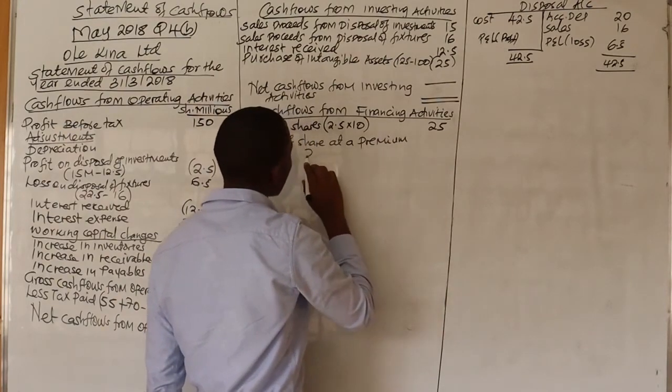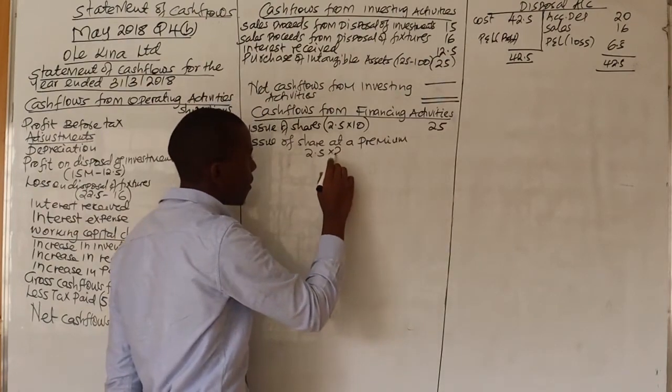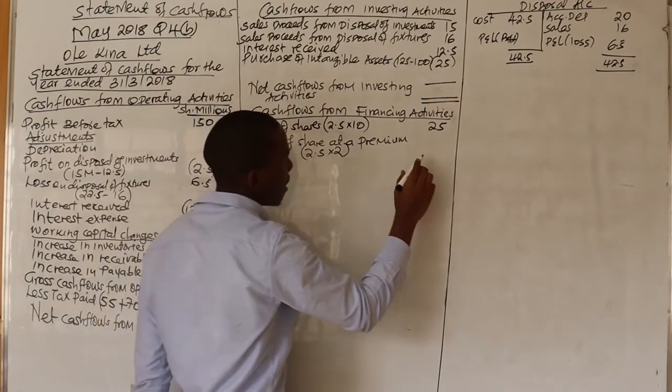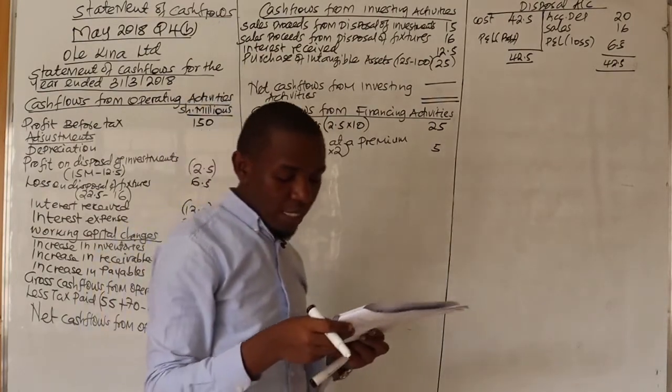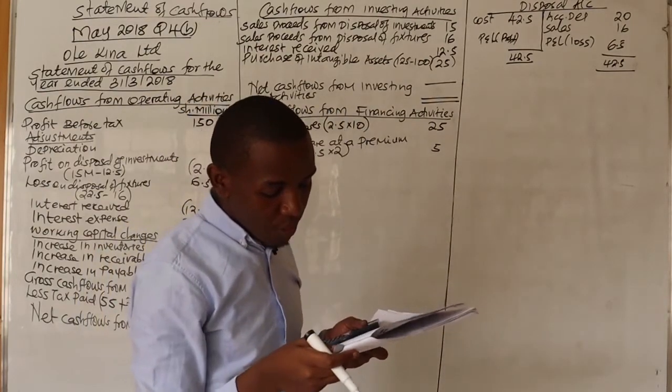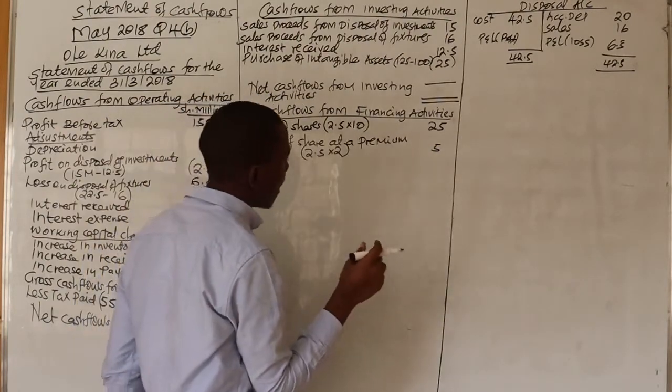We were told that they were issued at a premium of 2 shillings. So if I multiply by 2, I get 5, which is the difference we have on the share premium, 75 to 80, as a result of that.